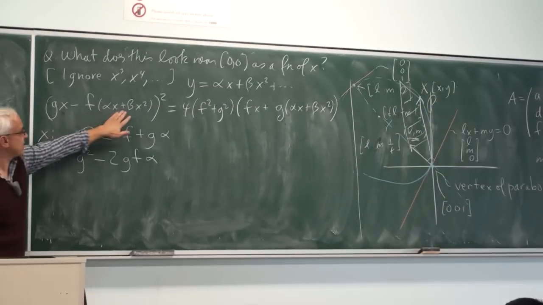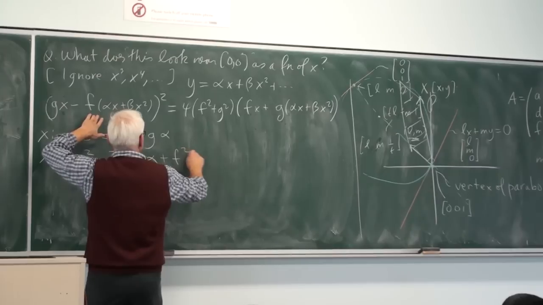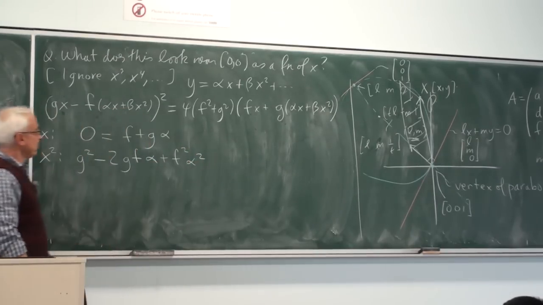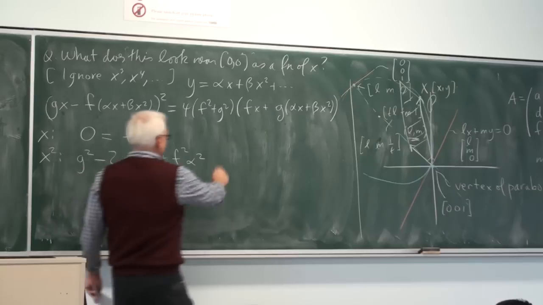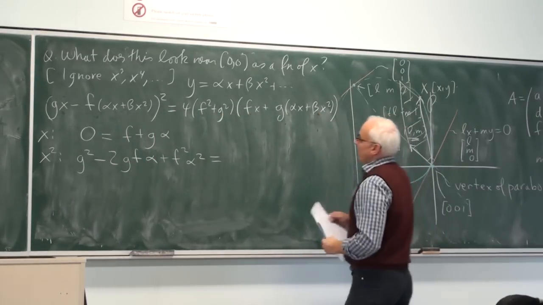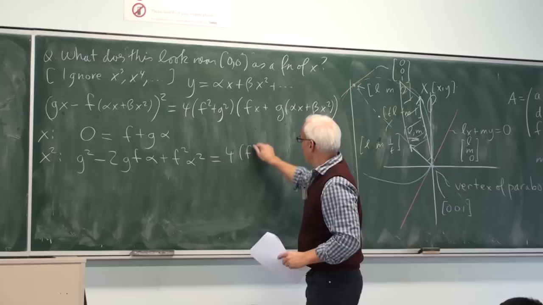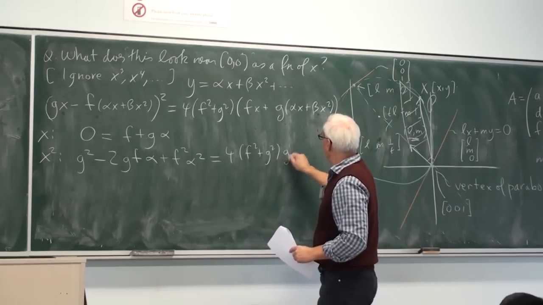And if we square this thing here, we're going to get an x squared term with coefficient f squared alpha squared. And on the right-hand side, where's the coefficient of x squared? There's only one right here. So the coefficient is 4 times f squared plus g squared times g times beta.